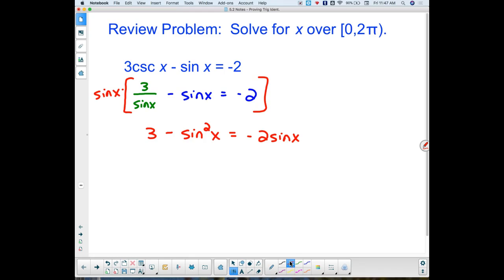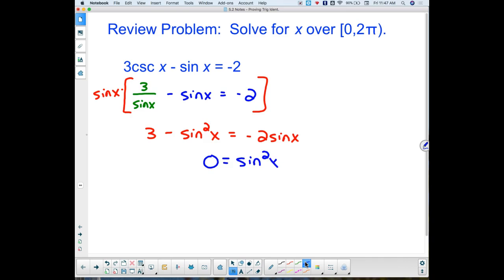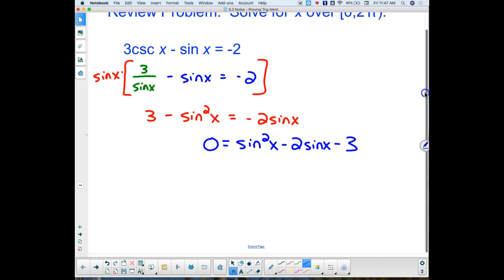I like to get everything onto one side now. So I'm going to put everything on the right side because then I've got a positive sine squared of x. Factor.